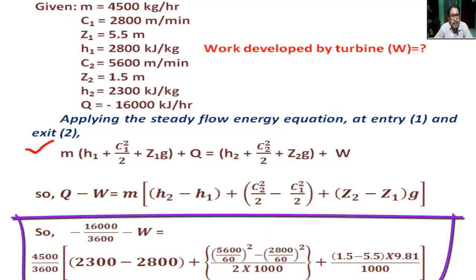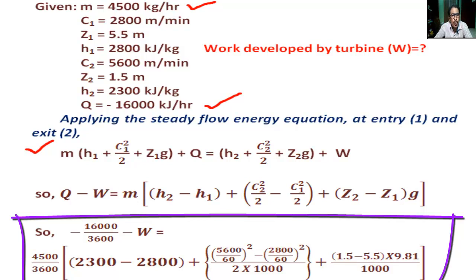This is minus, as heat is rejected in turbine. 16000 by 3600, it is converted to kilojoule per second, minus W equal to M, 4500 kg per hour.